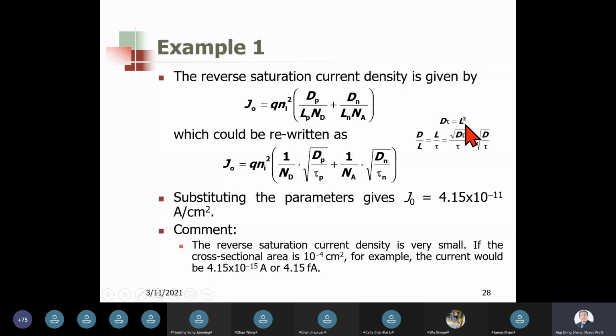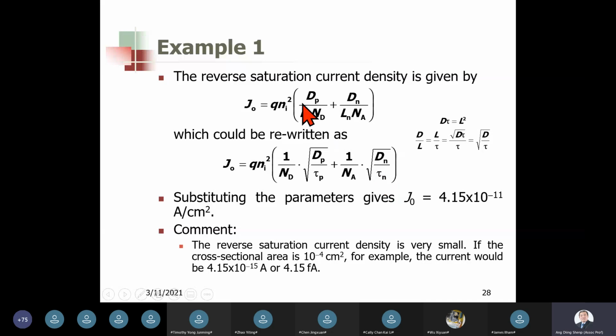I only write L here in general. So L squared is D times tau. I can manipulate this such that D over L can be written as L over tau, which can then be expressed as the square root of D over tau. So in other words, D_P over L_P can be replaced by the square root of D_P over tau_p, and D_n over L_n by the square root of D_n over tau_n.